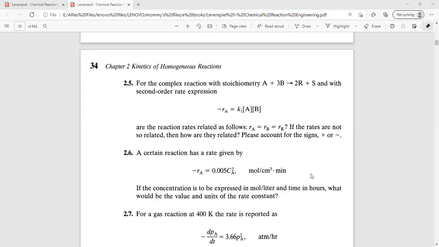I think, miss, the sign matters and also the stoichiometric component, the numbers of each reactant or product in the rate expression.